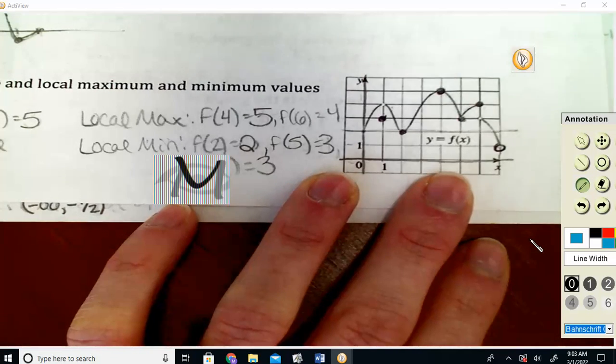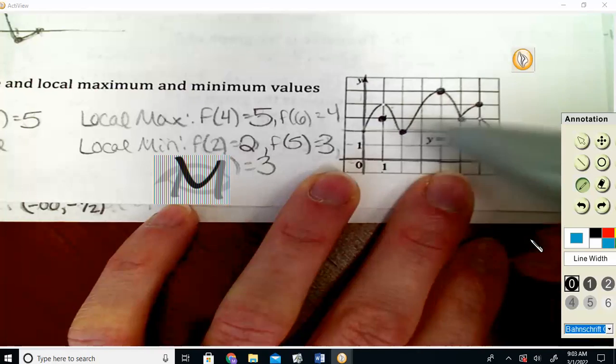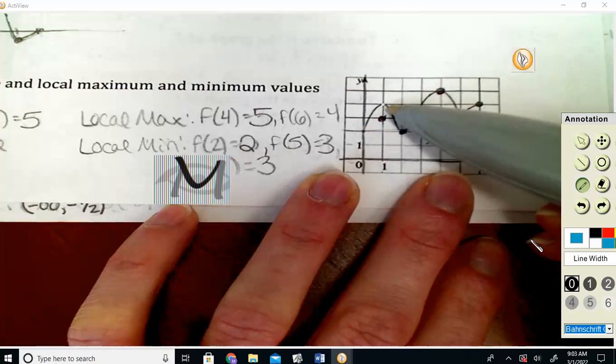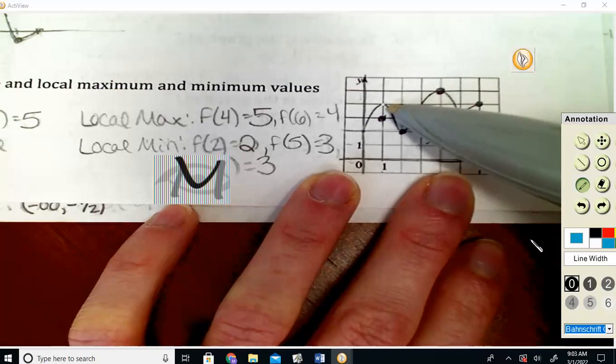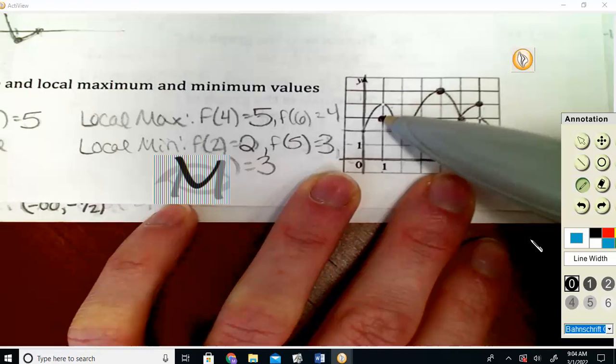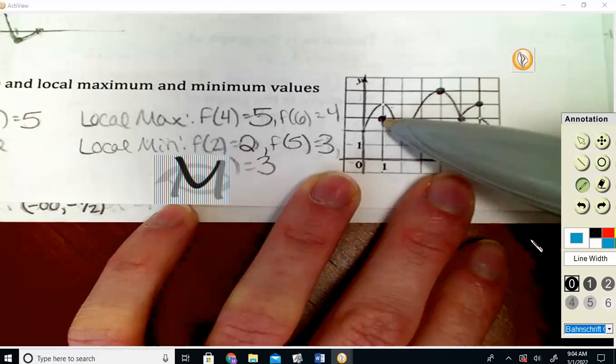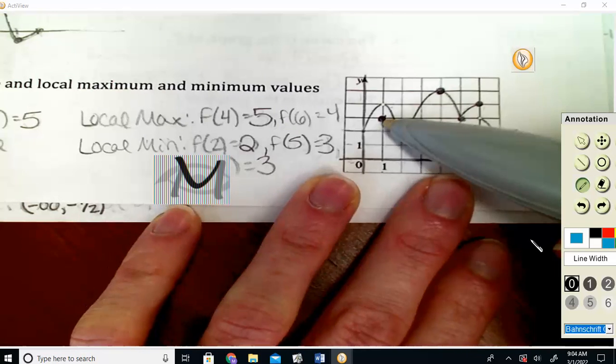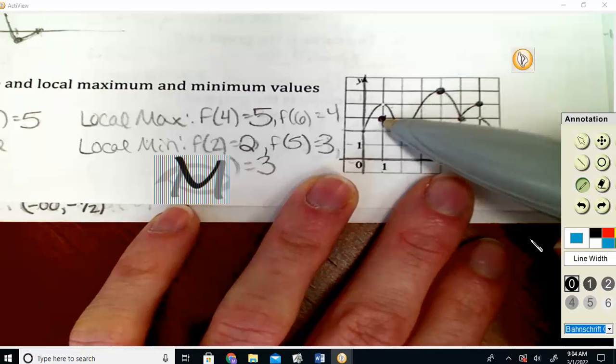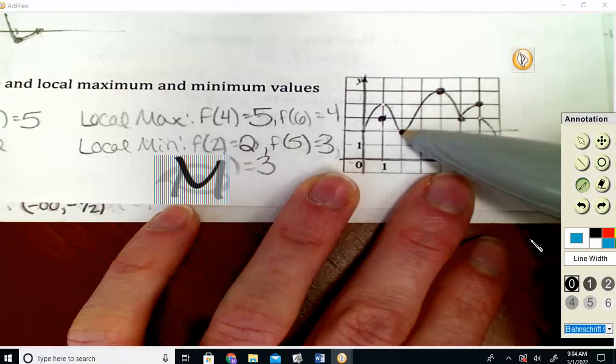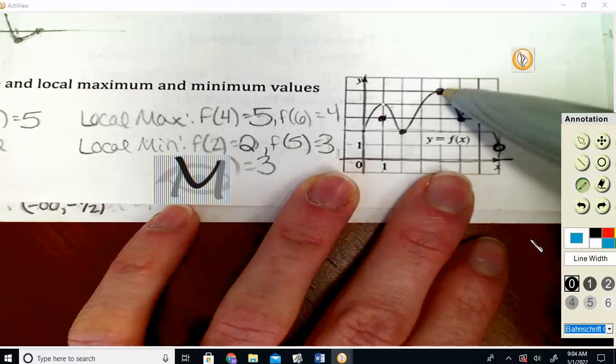All right, so then we go through and look for local maxes and mins. Those can't be the endpoints. Right here, this would be a local max, but it's an open circle, so it doesn't count. But this point right below it, what would that be? That would be a local min at (1, 3), because it's lower than the points around it. Right here at (2, 2), that would be a local min.